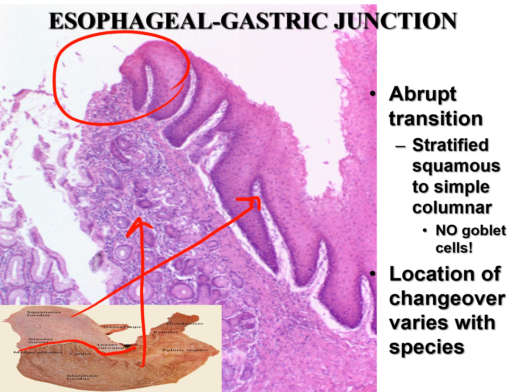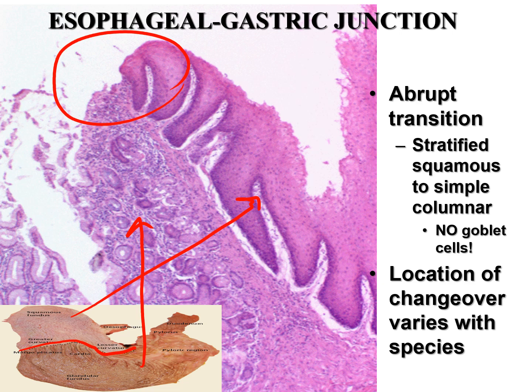So as we can see here, in dogs and cats it is in the area of the esophagus, whereas in pigs and horses it is inside the stomach.